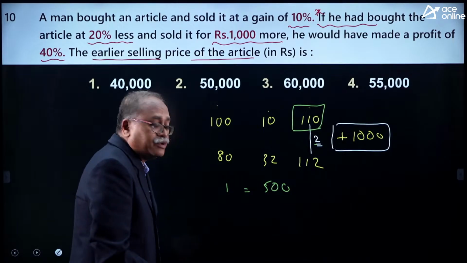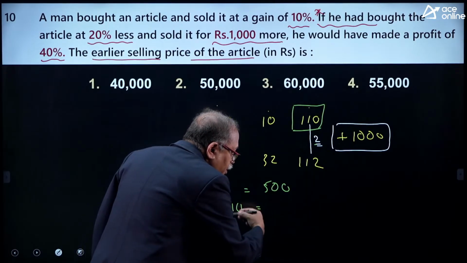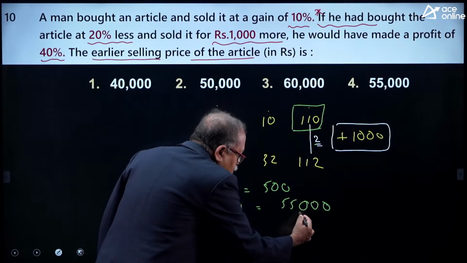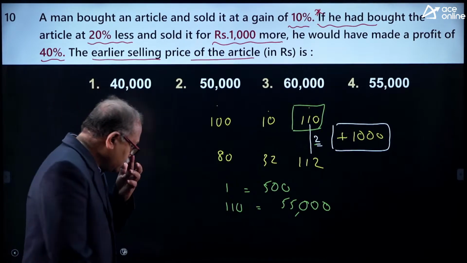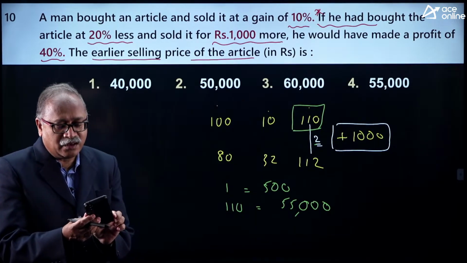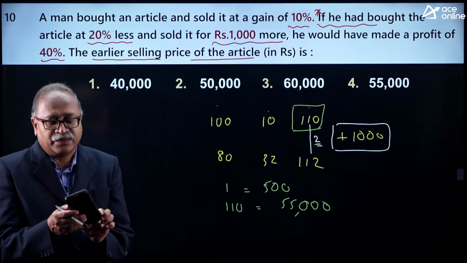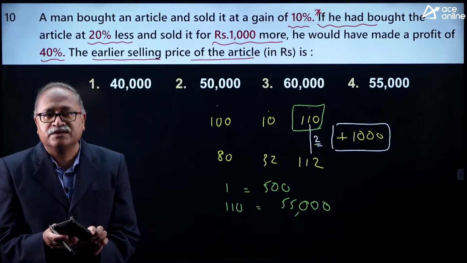One part is 500, then 110 parts will be 5 into 11, that is 55, followed by 3 zeros. That is your answer. At least together we will practice in this way. Hope others understood what Aman has correctly answered.